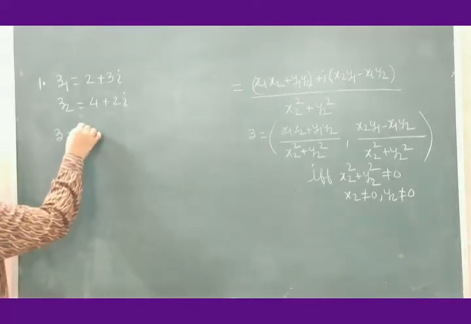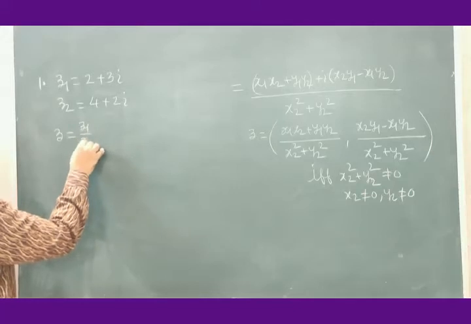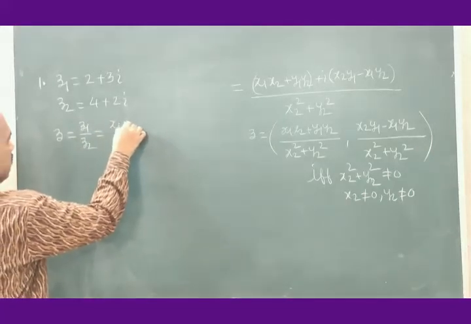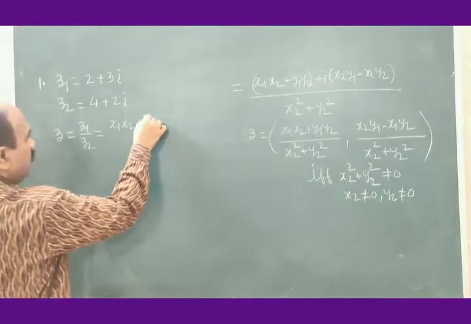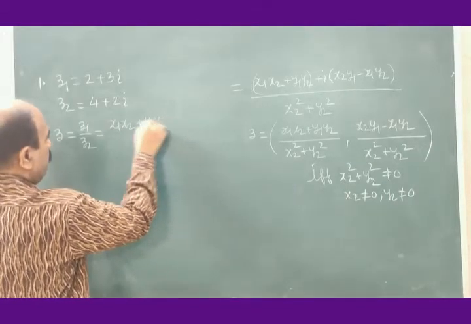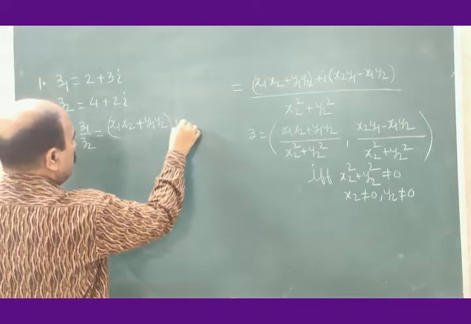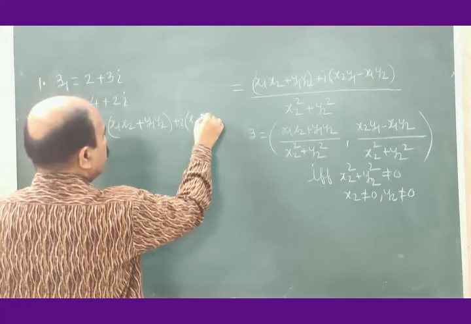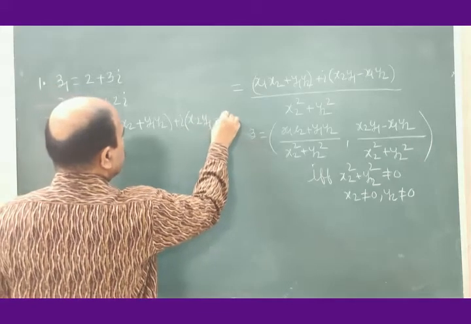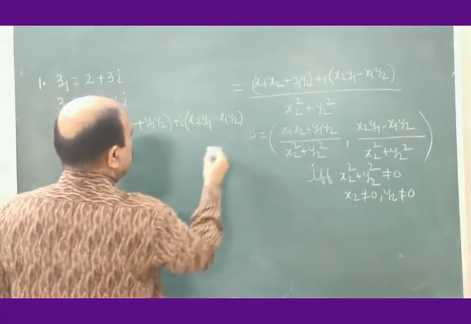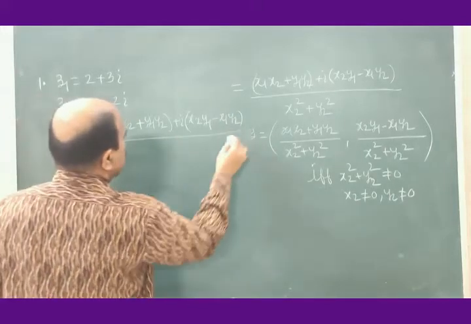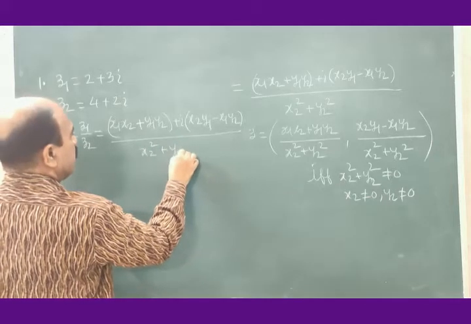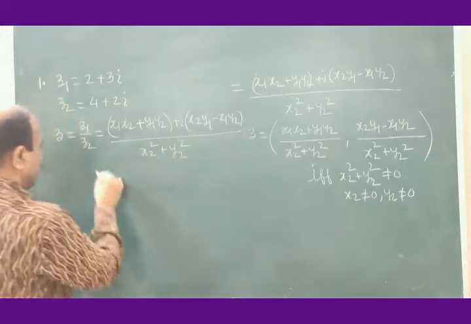Formula is Z is equal to Z1 divided by Z2 is equal to x1 x2 plus y1 y2 plus i into x2 y1 minus x1 y2, whole divided by x2 square plus y2 square.